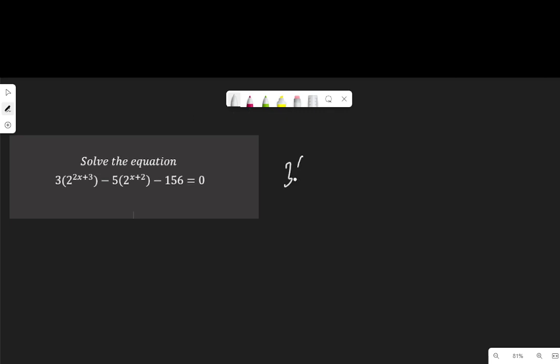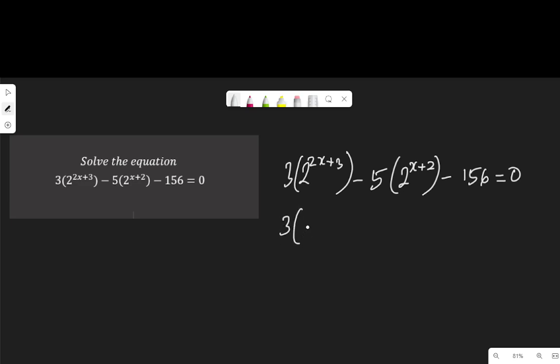3(2^(2x+3)) - 5(2^(x+2)) - 156 = 0. The first term here, let me adjust it a little.